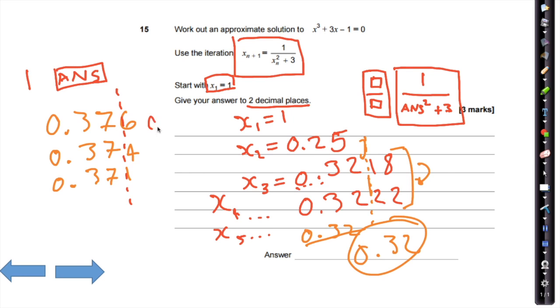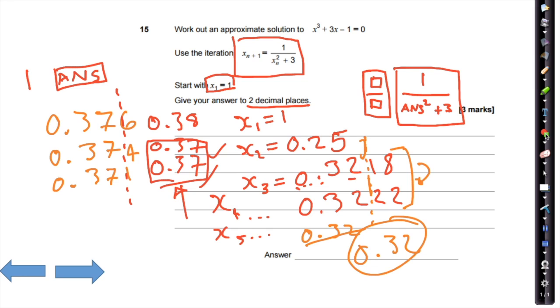So this to 2 decimal places was 0.38, this to 2 decimal places is 0.37, and this to 2 decimal places is 0.37. As we've got the same number to 2 decimal places when we've done the next iteration, that tells us that this is the answer. So carry on until you see that, rounding your number to 2 decimal places, you've got the same thing.